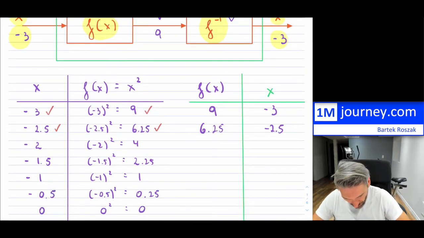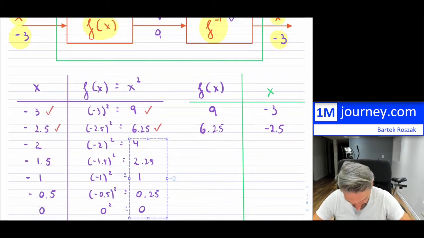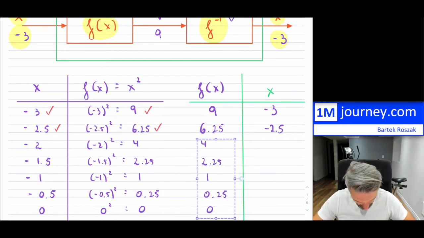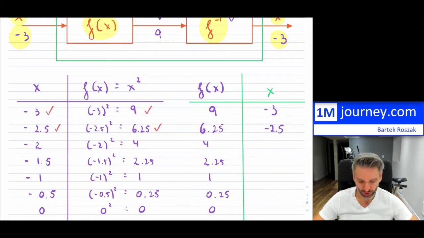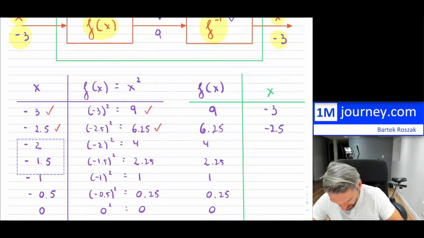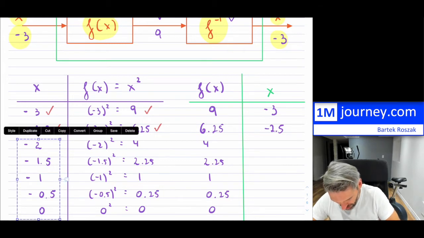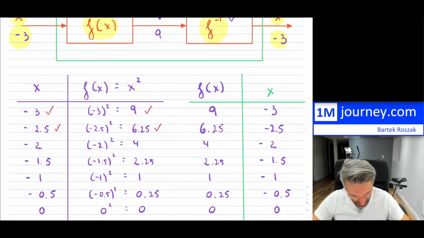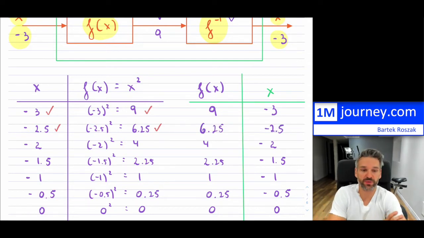So really I can just copy these down, duplicate them, and put them in here. These are my new inputs to my inverse. And then my outputs are just the values that I had for my original input. So they're just swapped.